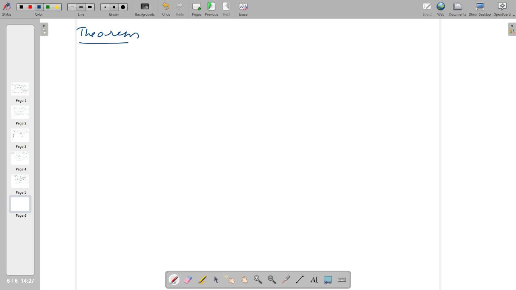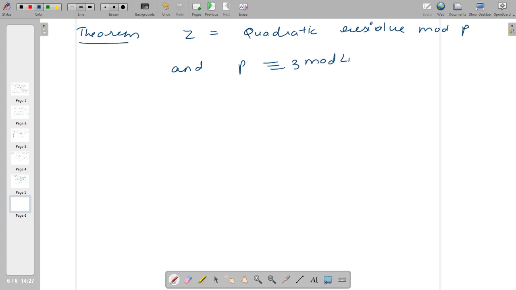suppose z is a quadratic residue mod p, and this p is congruent to 3 mod 4. This theorem is for a particular case, where p is congruent to 3 mod 4.